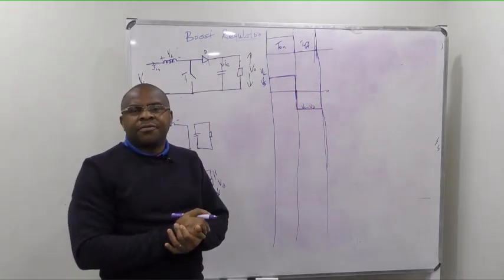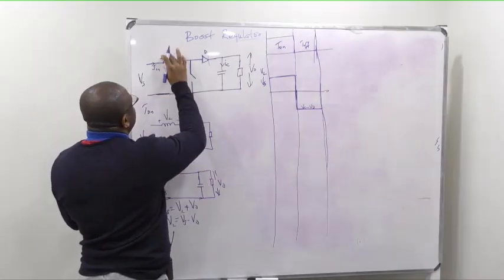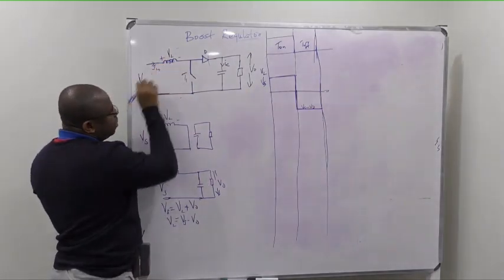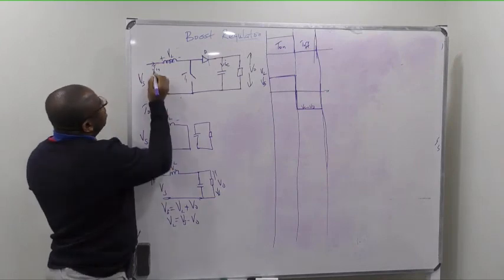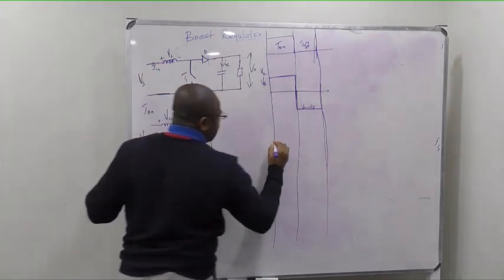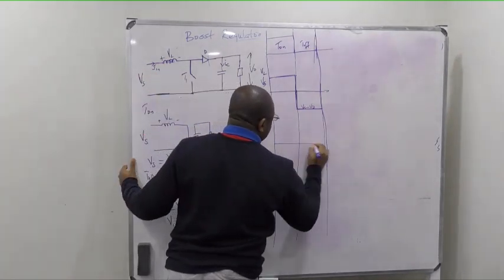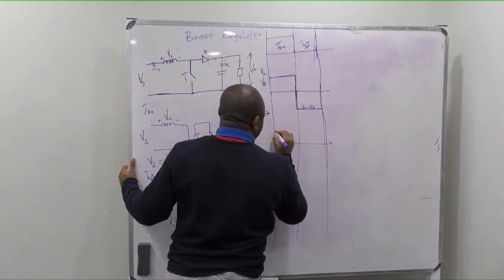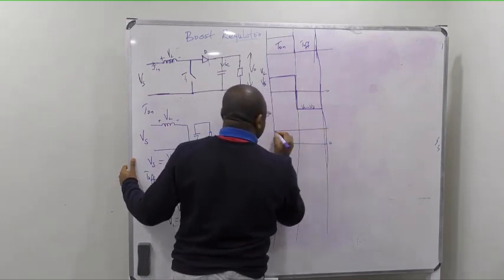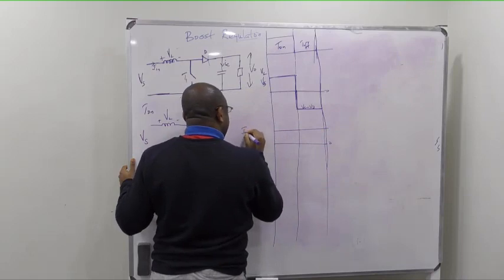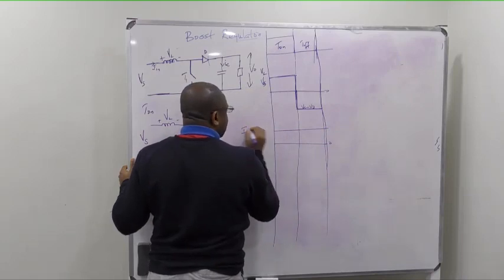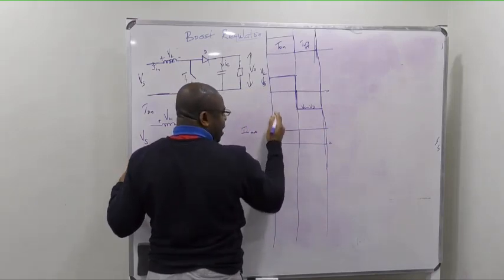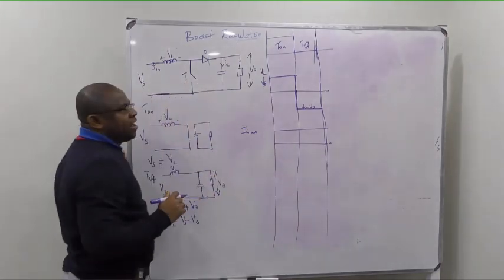Okay, now the next thing, again look at the voltage across here. What about the current flowing through there? Now, remember this I in, let's say we have zero value here. I in is an average value. Let's say we have I in average. I'm plotting I against time, right?